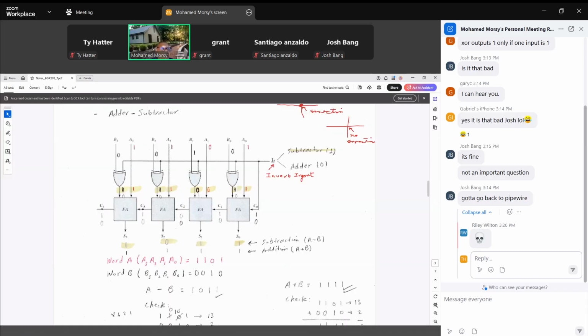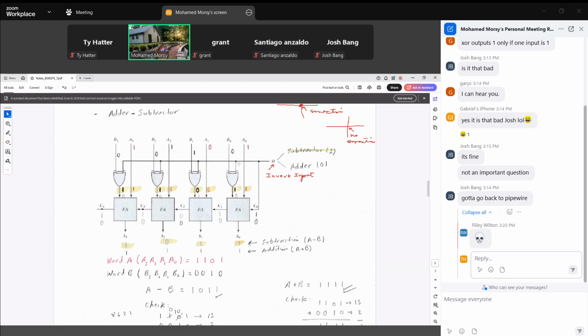For addition, if we need to add A plus B, now we apply a 0 bit at M. A 0 bit doesn't change the B word.